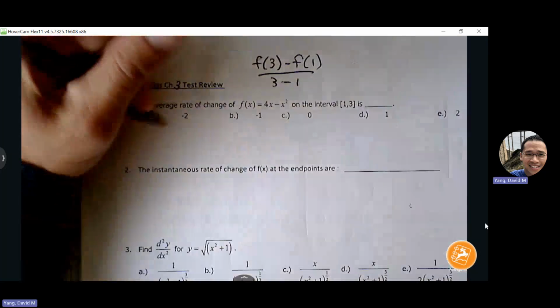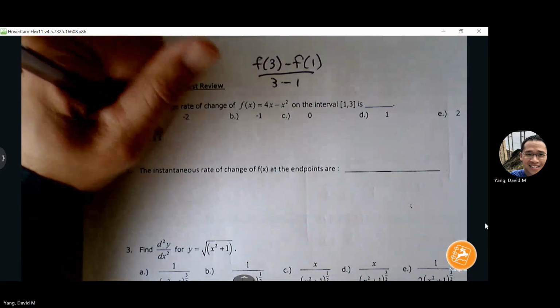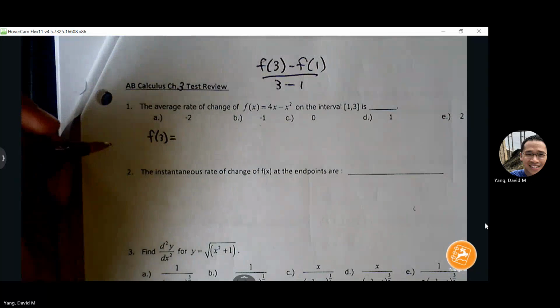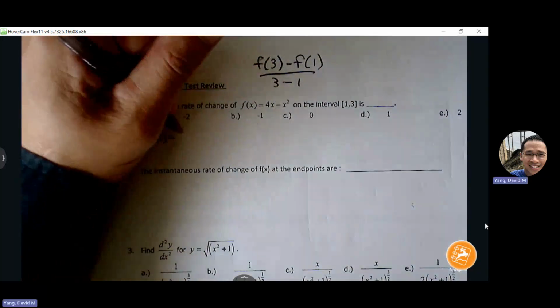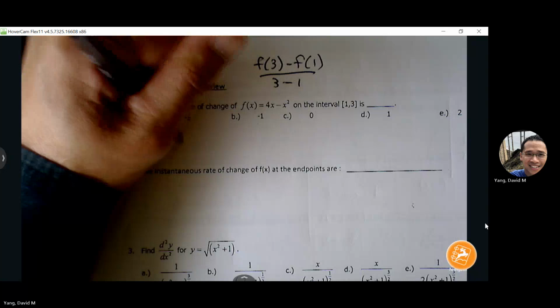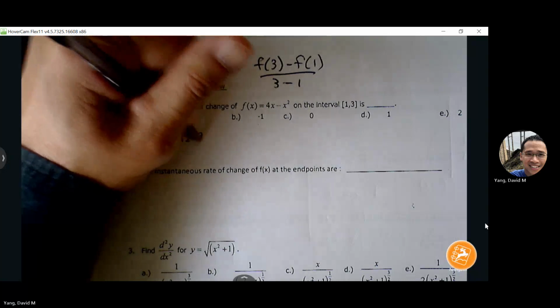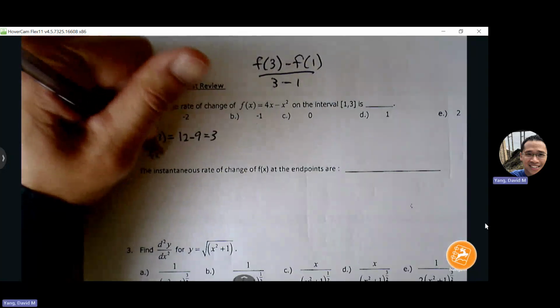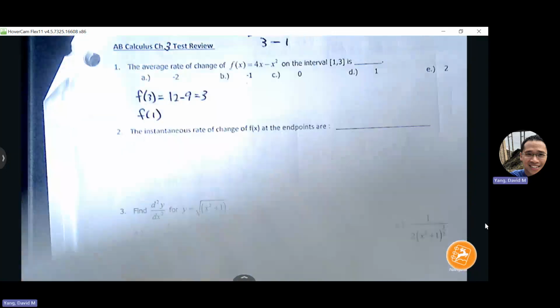Okay, so let's find f of 3. What's f of 3 equal to? Okay. What's f of 1 equal to?